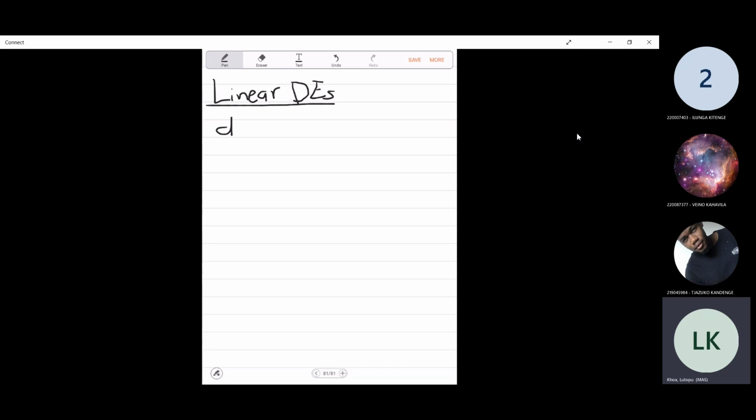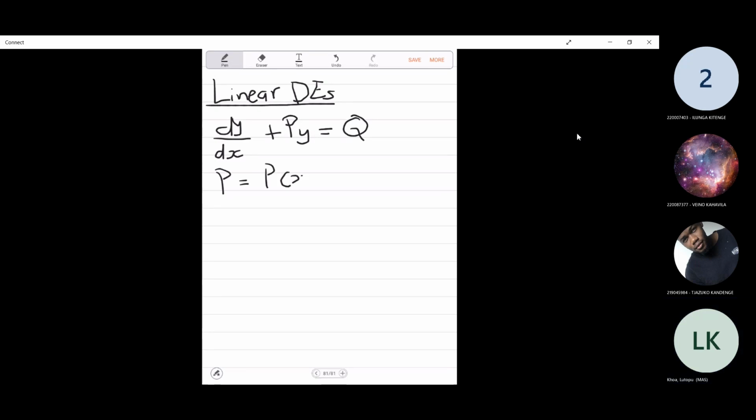You have dy/dx plus p times y is equal to q. So here p is a function of x only, and then q is also a function of x only.